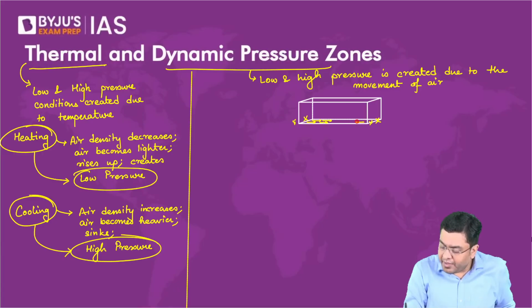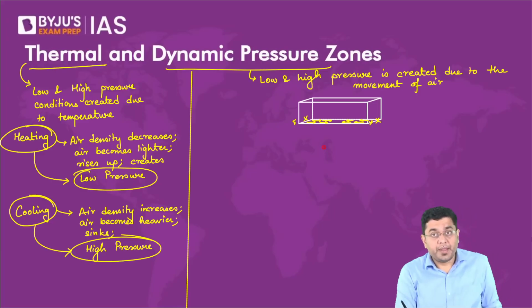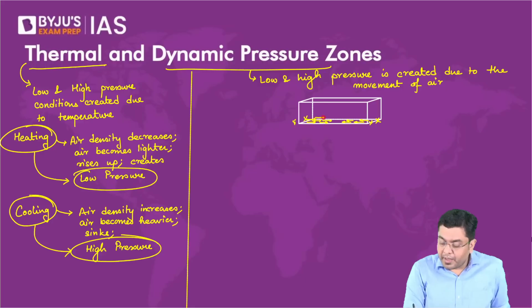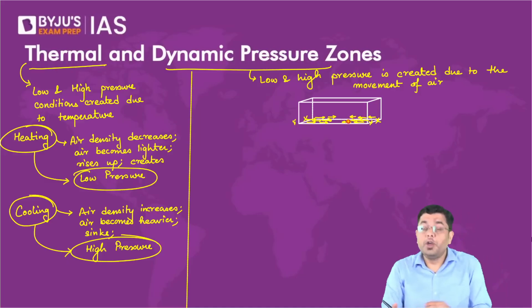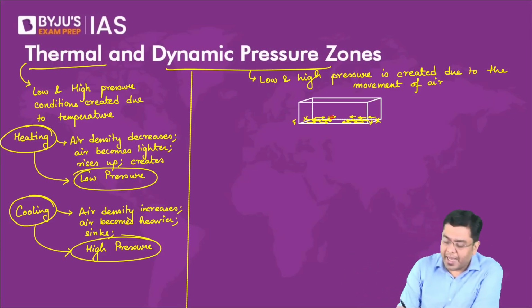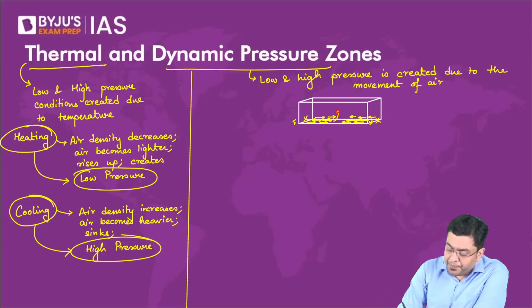Now, this air, when it is coming and confronting each other, what will happen? This air has got no other place to go. It is moving towards each other. As the air collides and converges, it will have to rise up.